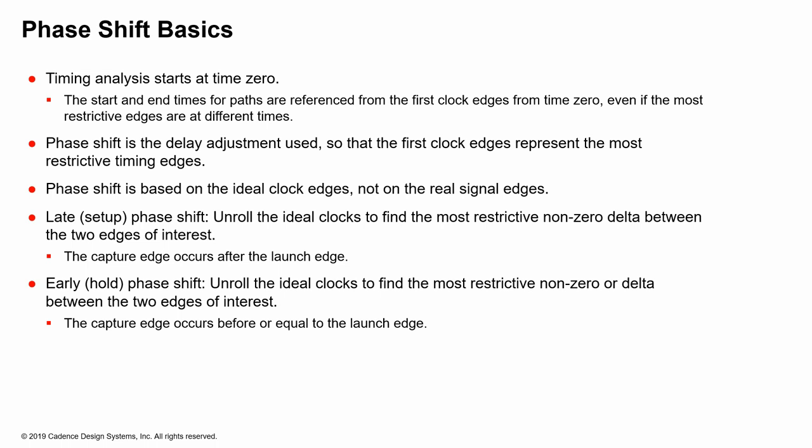For setup or late phase shift, we have to unroll the ideal clocks, find the most restrictive non-zero delta, and know that the capture edge occurs after the launch edge. Whereas with hold, the same unrolling happens, and we figure out the most restrictive non-zero delta, but remember that the capture edge happens before or equal to the launch edge.